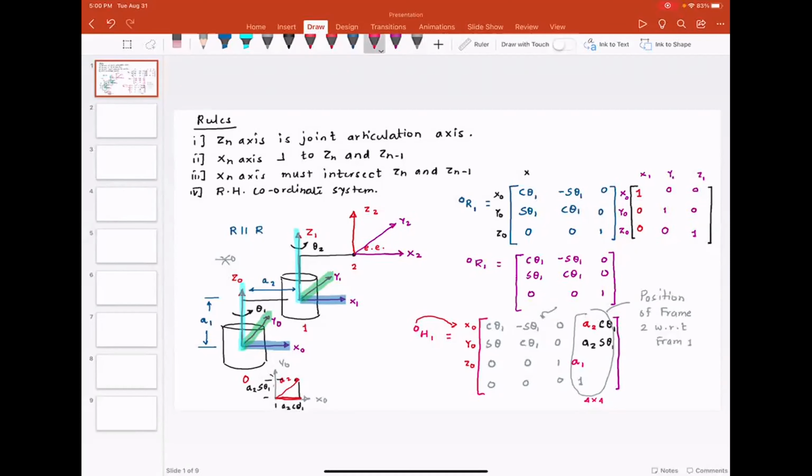And what does this fourth row represent? The fourth row represents so that we can perform matrix multiplication. Oh, by the way, on the record, it's not perspective, okay?